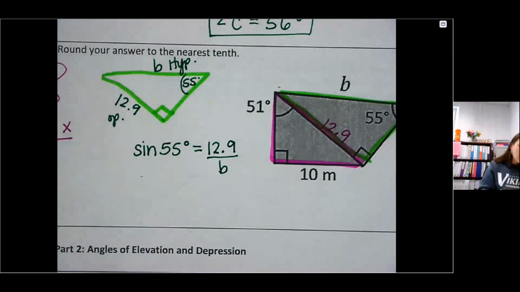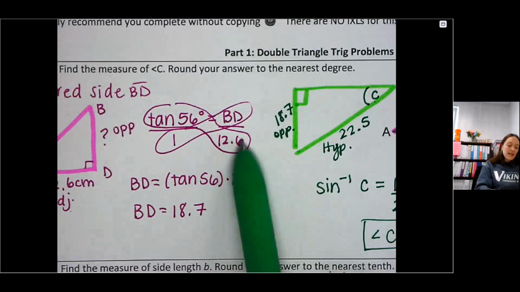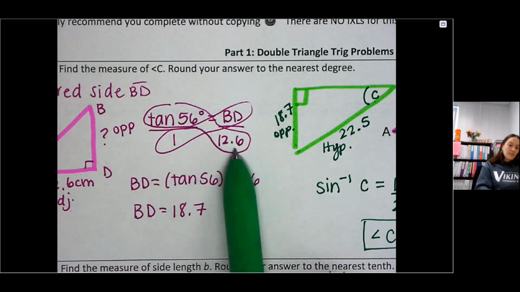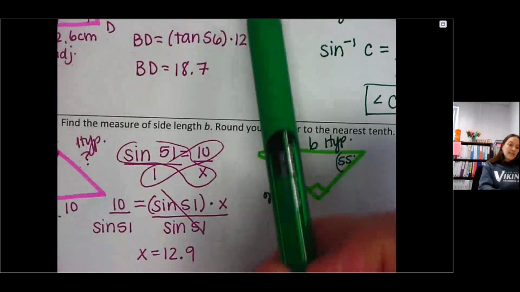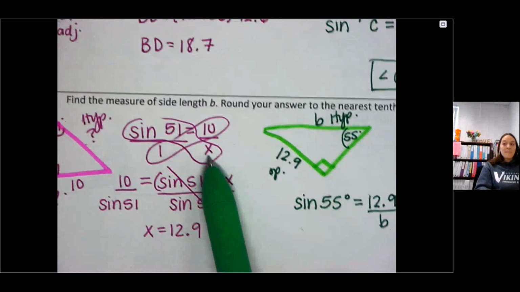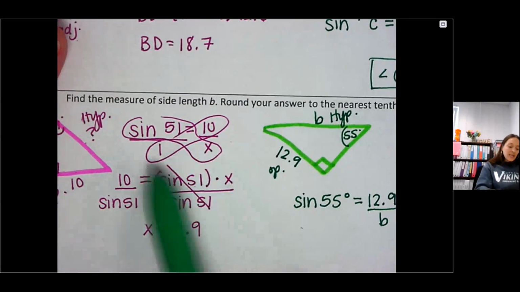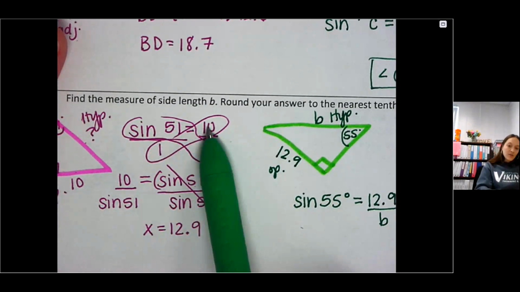Now, again, I can go through and I can cross multiply, but I'm going to give you a little bit of a trick here. So in the first problem, notice that when my number was at the bottom and my variable was at the top, all I had to do was multiply these two numbers. In the second problem, when the variable is at the bottom, I'm really dividing these two numbers.